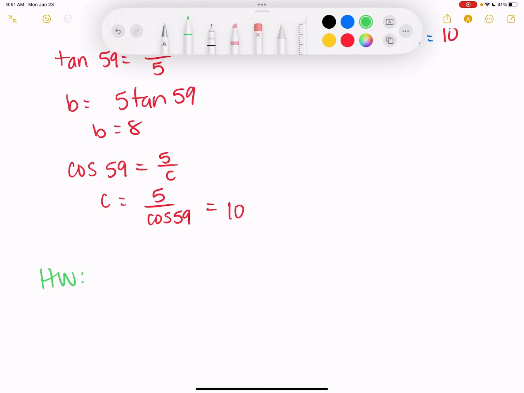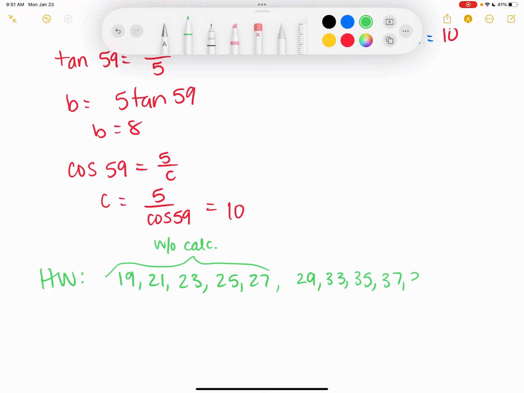All right, so without a calculator is going to be 19, 21, 23, 25, and 27. With a calculator is going to be 29, 33, 35, 37, and 39.